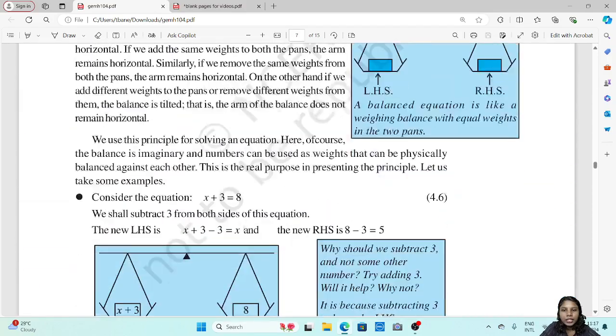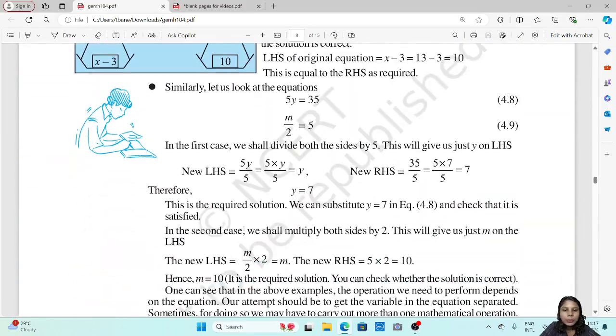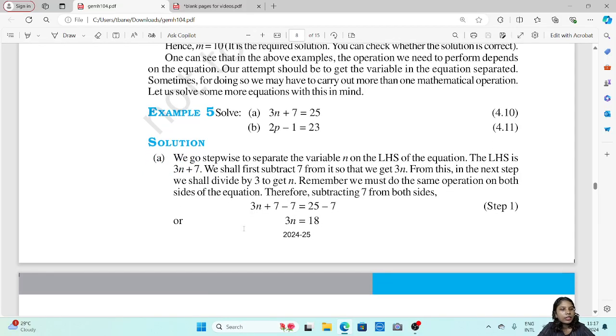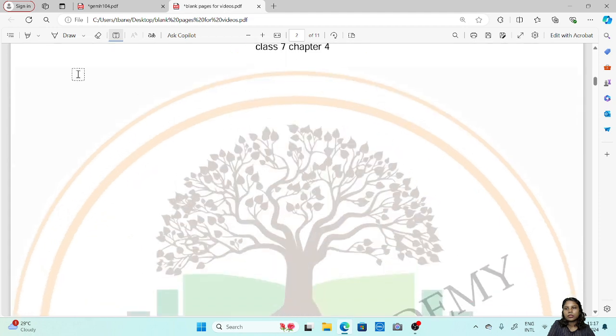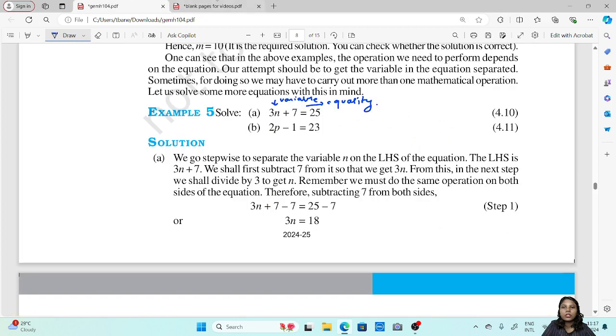Now to begin with, let's start with a simple example, this one. See here, we have the variable part, we have the equality sign. 3n plus 7 equals 25.